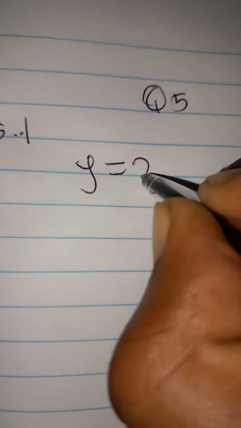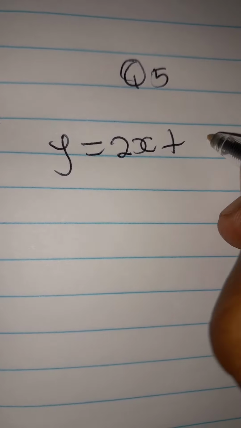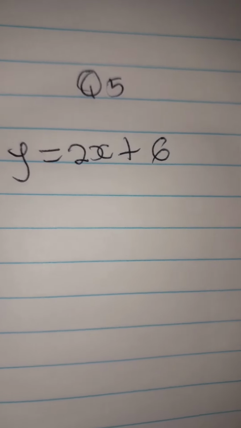So let's put that into practice. This will be question 5.1. They want us to write the y-coordinate of the given graph, which is y equals 2x plus 6. So g of x, we can replace by y. As we can see, B cuts at y, so it's a y-intercept.